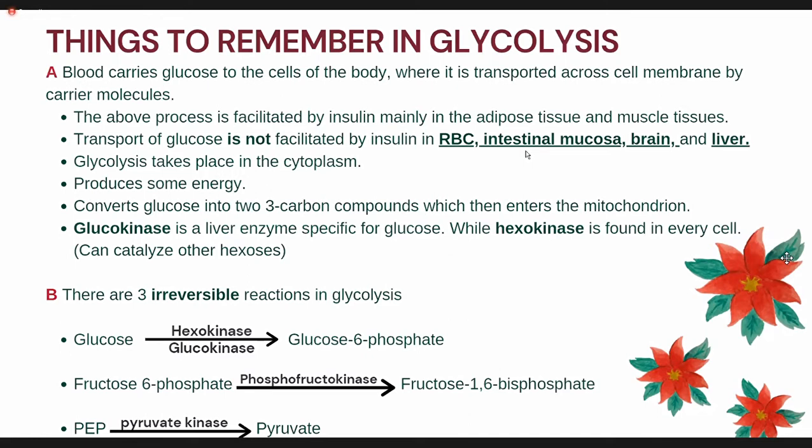Okay? Your glycolytic pathway converts glucose into three carbon compounds. They are generally called triose phosphates, phosphorylated triose. To be specific, they are glyceraldehyde 3-phosphate and dihydroxyacetone phosphate.